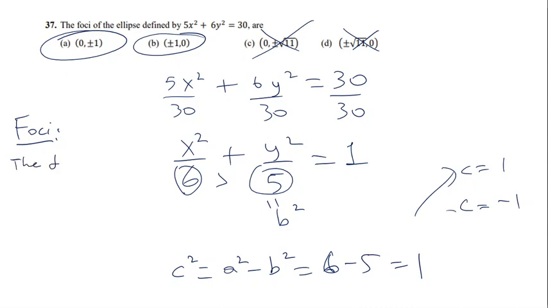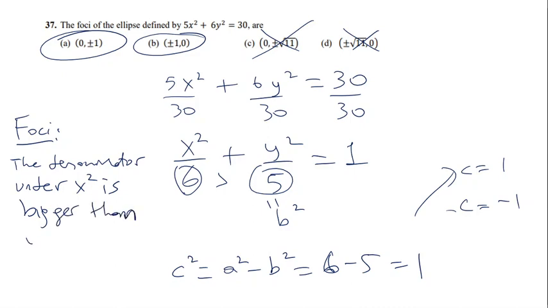The denominator under x squared is bigger than the denominator under y squared.